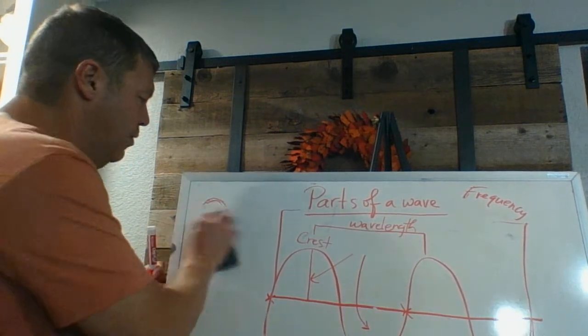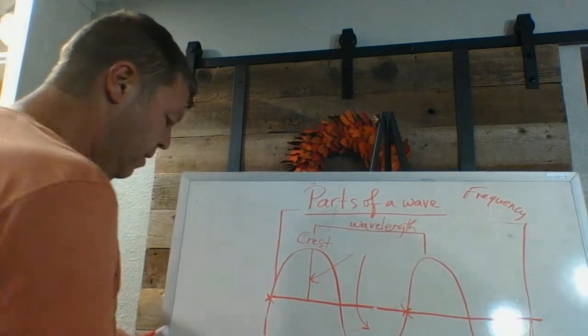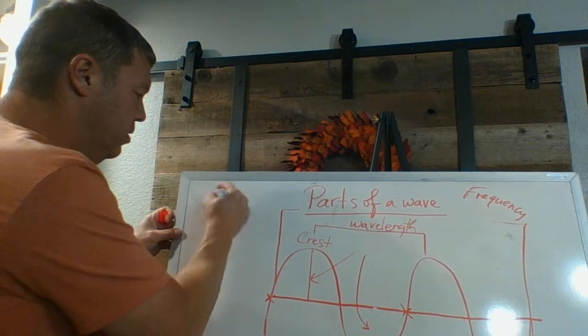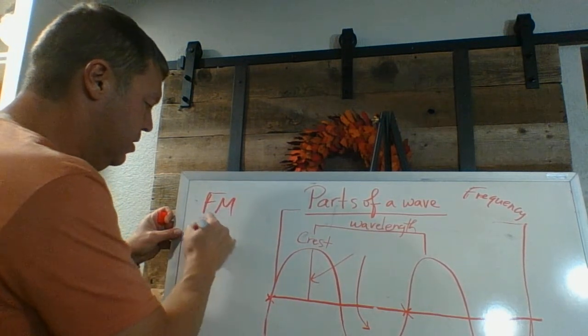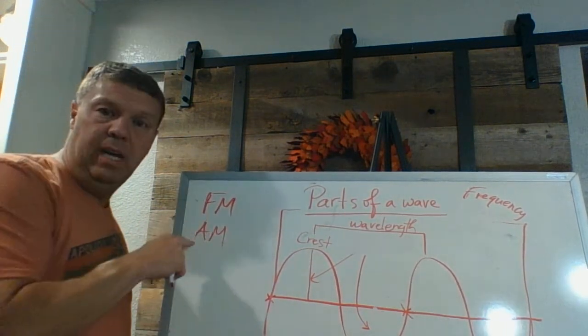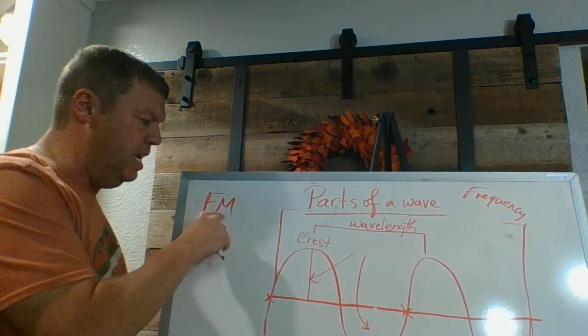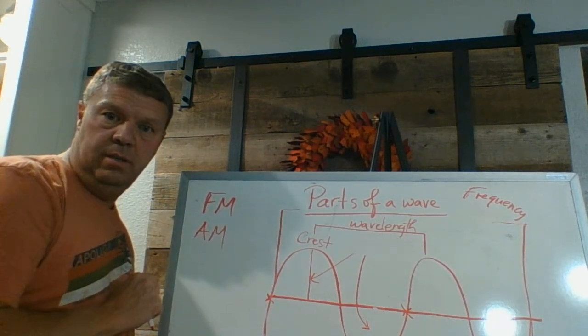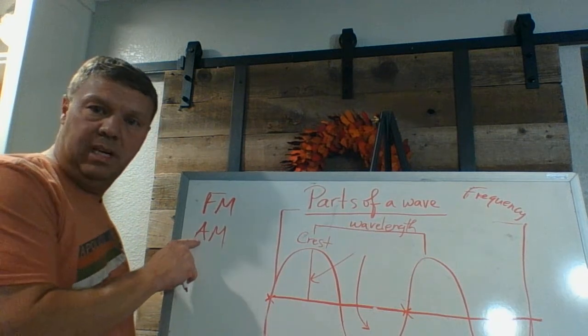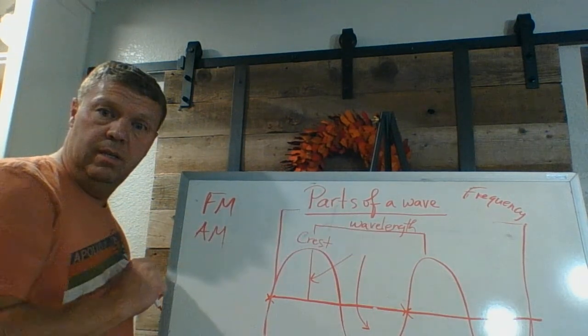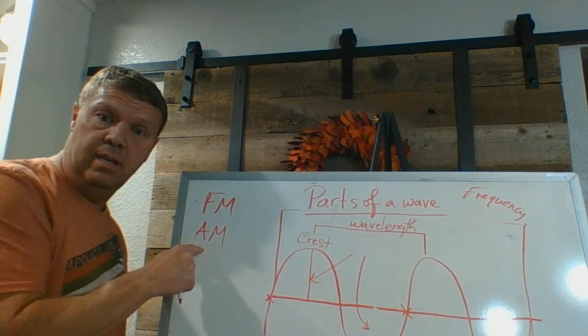Okay? If you have a radio, you have 2 kinds of radio stations. FM and AM. If I told you the M is modulation, what do you think AM stands for? It's one of those words over there. Amplitude modulation, that's right.